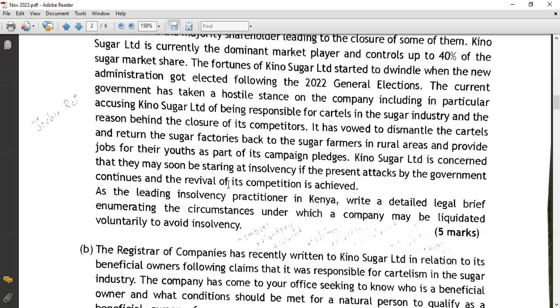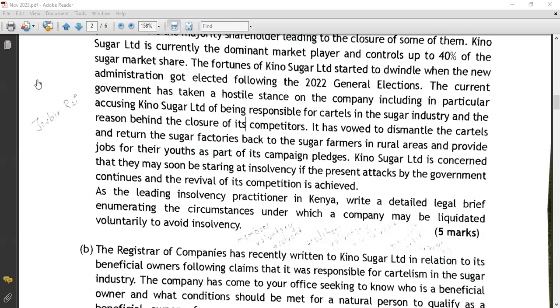Okay, so the first one coming out from the question, because it might be that they want to proactively be insolvent, is that the shareholders can pass a special resolution to commence insolvency proceedings, indicating that they want to liquidate the company.